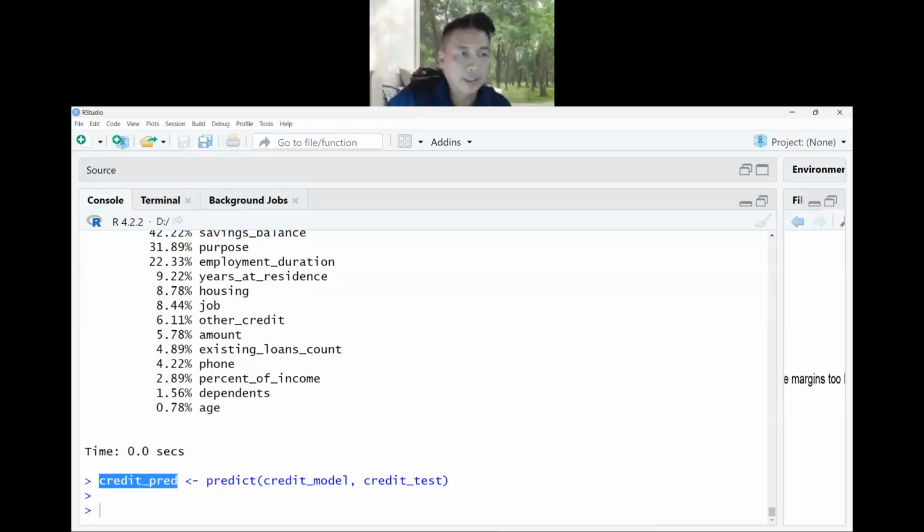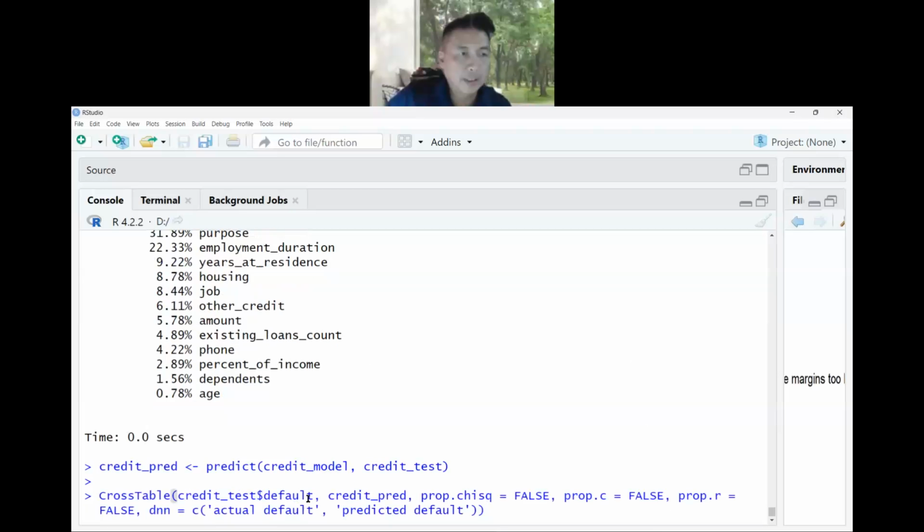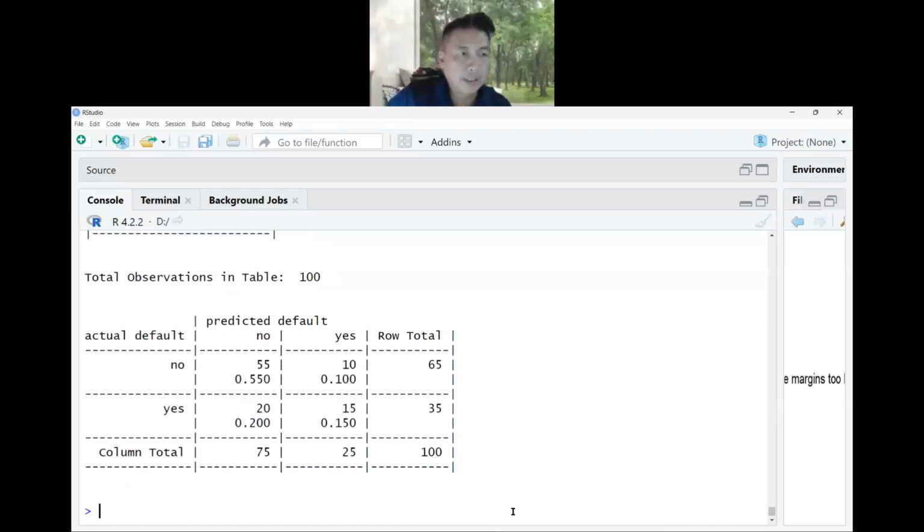The result will be here, so we will table that out, looking at the test labels versus the predicted ones. We get, oh, this is worse. This is 30% of error, because we have this and this.